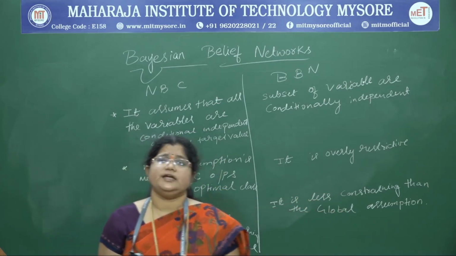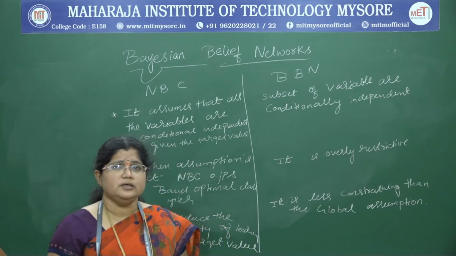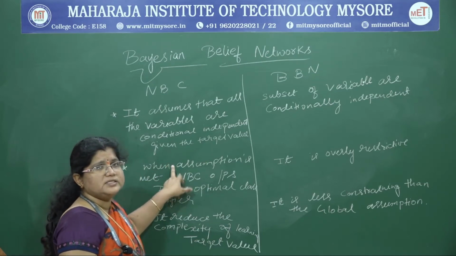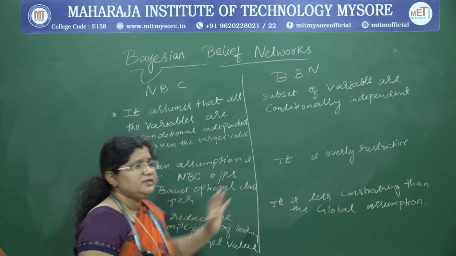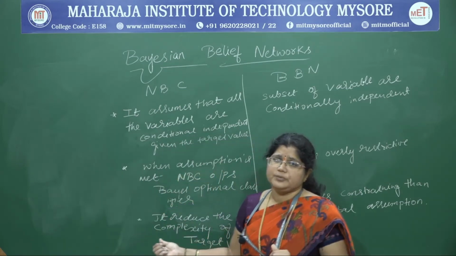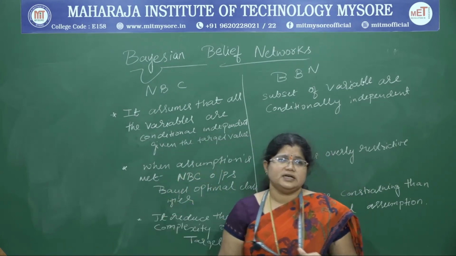There will be constraints over the global assumption when compared with the Naive-Bayes classifier. That is the difference between the Bayesian belief network and the Naive-Bayes classifier.